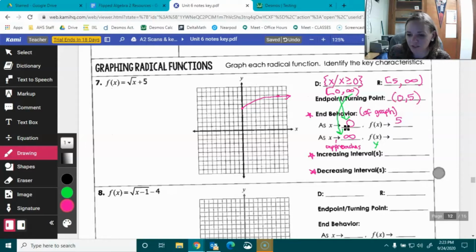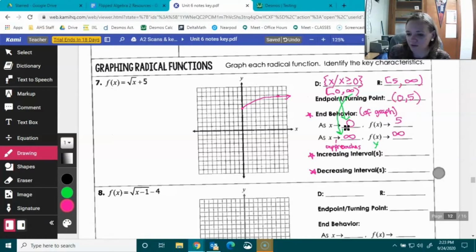My y's are continuing to increase, and they are also going to infinity. So here, we're going to put infinity. In other words, x and y are going into infinity together. And in this, x is going to 0, while all my y's are decreasing to 5. And you can see it's matching this right here for my end behavior.